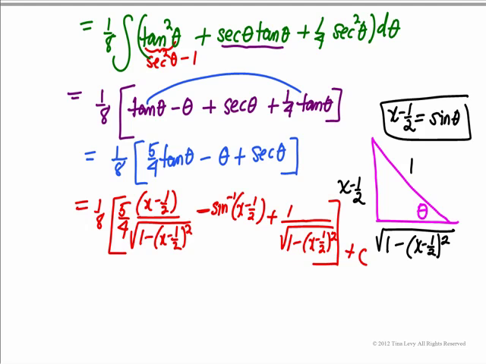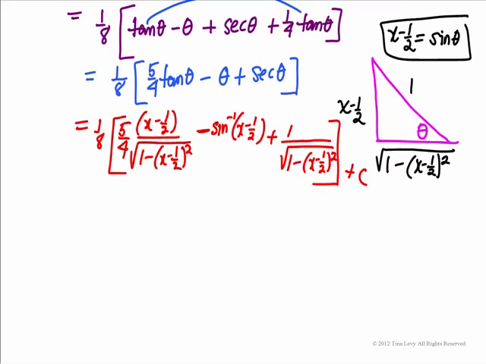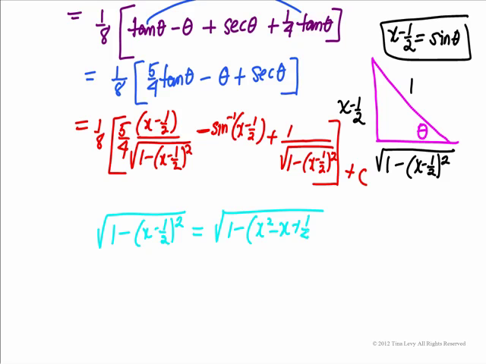So without simplifying, we've got the first of the answer steps. I'll go through steps. Clearly, to get this simplified, first I'm going to work under here. The square root of 1 minus x minus a half squared is the square root of 1 minus x squared minus x plus a fourth, which becomes the square root of 3/4 plus x minus x squared.